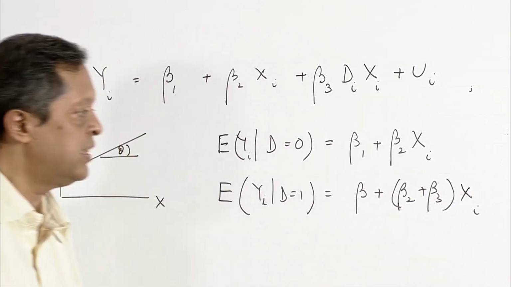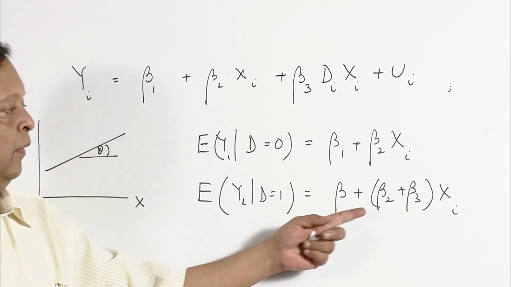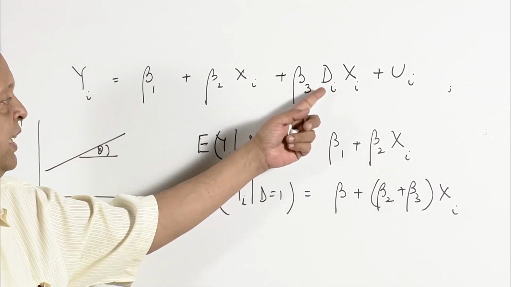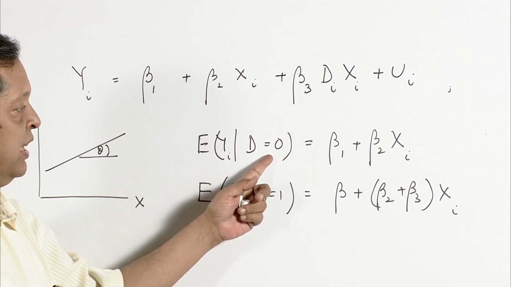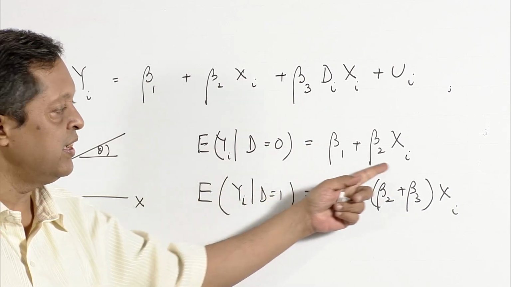So, viewers, you can see that now for the southern region, that is when D is 0, south means D is 0. So, for the south this is the regression.